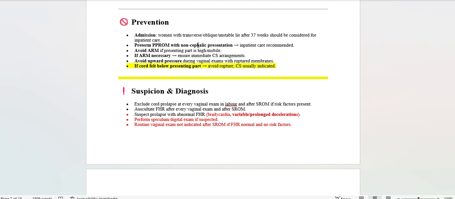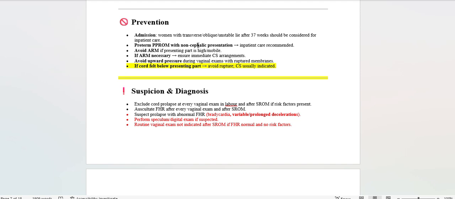And very important: after spontaneous rupture of membrane, if you do the CTG and find variable prolonged decelerations, then it's cord prolapse, right? So remember that suspected cord prolapse in CTG shows variable prolonged deceleration. They have been asking this question multiple times in recalls.